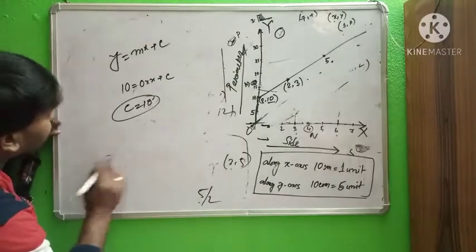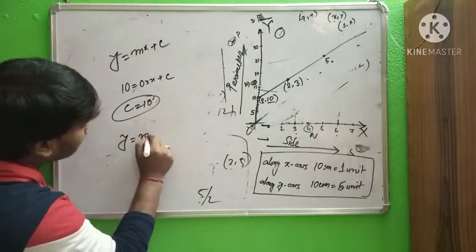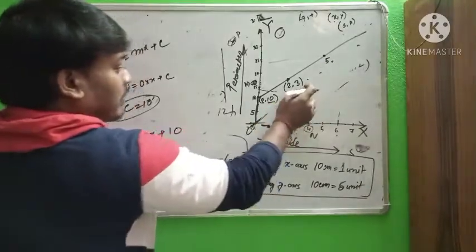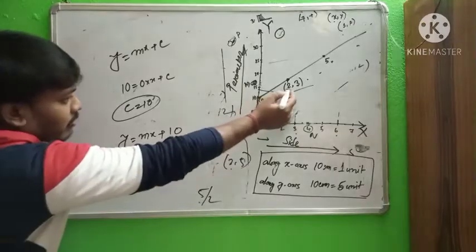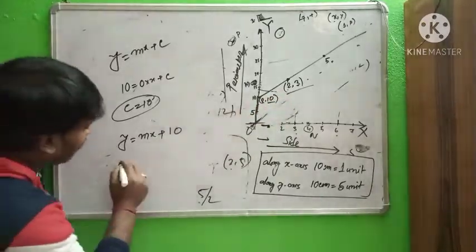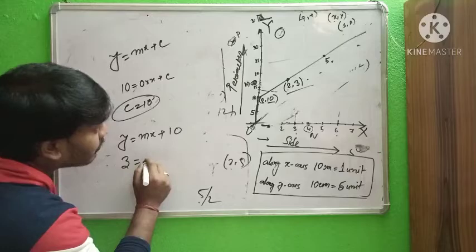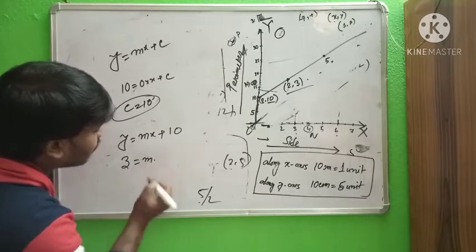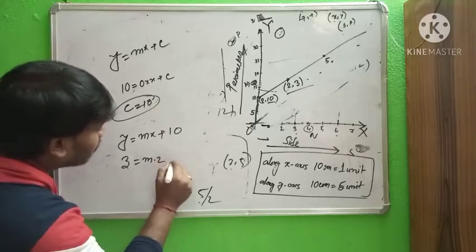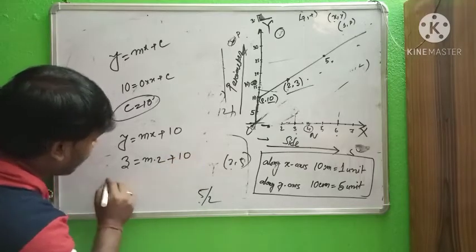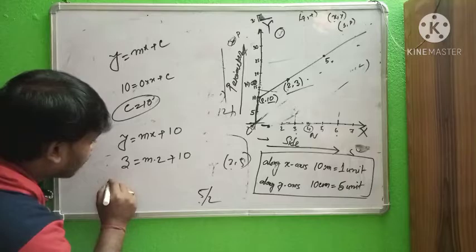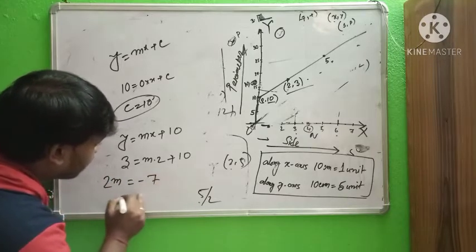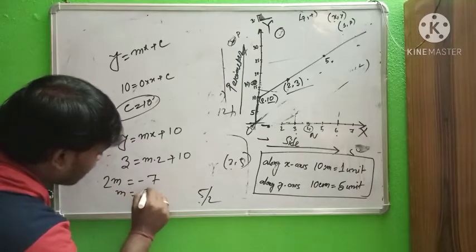Now y equals mx plus 10, and another condition is that it passes through 2 comma 3. So the value of x equals 2 and the value of y equals 3. So 3 equals m into 2 plus 10, so 2m equals minus 7, or m equals minus 7 by 2.